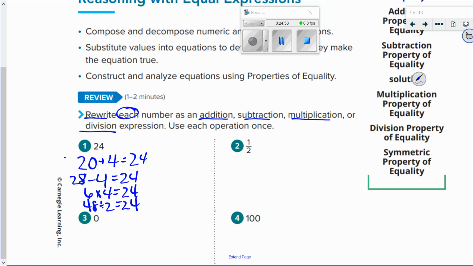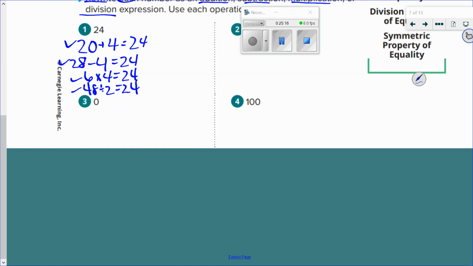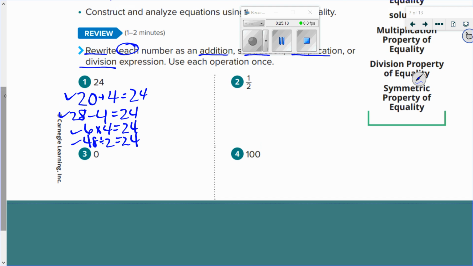Have I used addition, subtraction, multiplication, and division to get that number? Yes. Do you understand what we're doing? Yes. Okay, keep going. Also, guys, I want to get to the next part, so we're going to kind of rush through this. Because, sorry, but this part is not as important as what we're about to do.